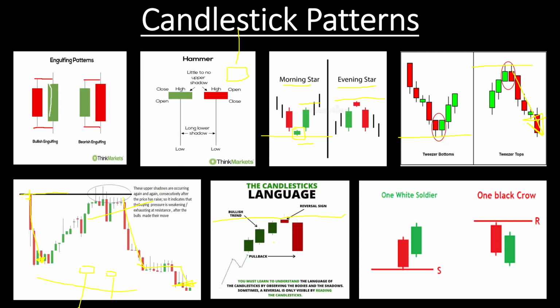So when price is approaching a key level of support or resistance, we don't want to see large bullish candles heading in that direction towards that resistance level. We want to see that momentum is slowly losing.